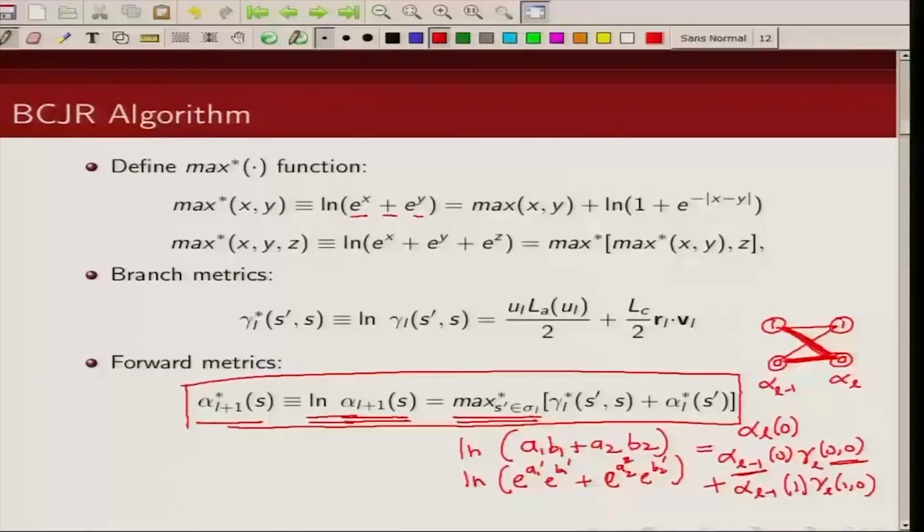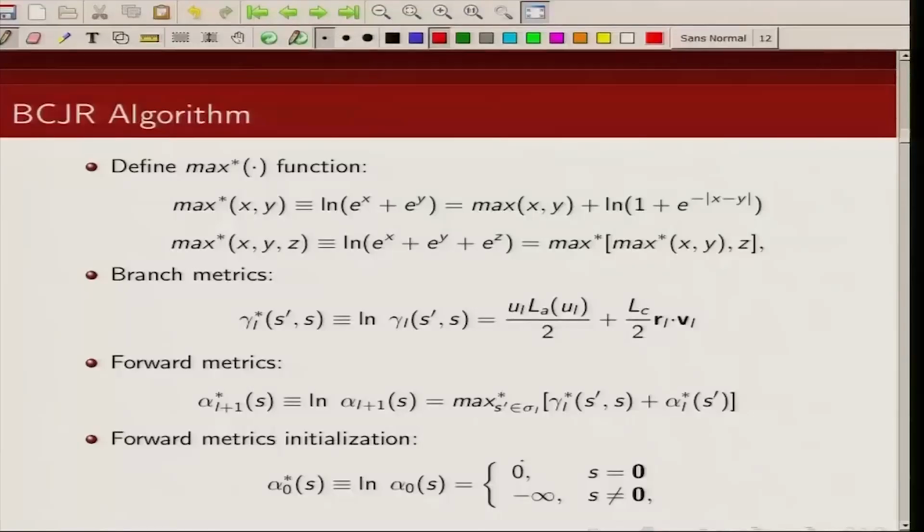Now recall, how did we initialize the alphas when we were working in the probability domain? We said that the encoder starts from the all 0 state. So at time 0 it will be in the all 0 state. The probability of its being in the all 0 state at time 0 is 1, and for all others it's 0.